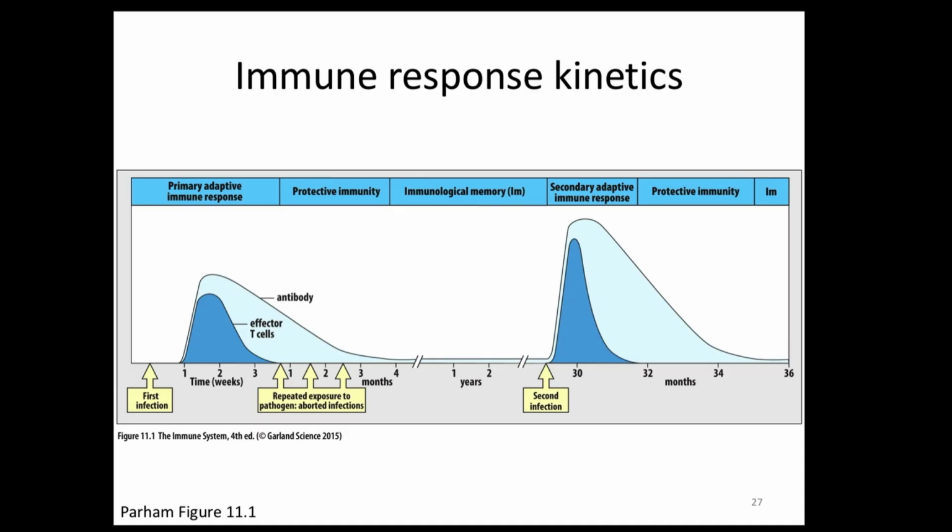You can see that they don't have the delay that we saw the first time around with the naive cells. You can also see that the amount that they increase is way higher. And so we're going to have these memory cells that are going to act way better the second time around.